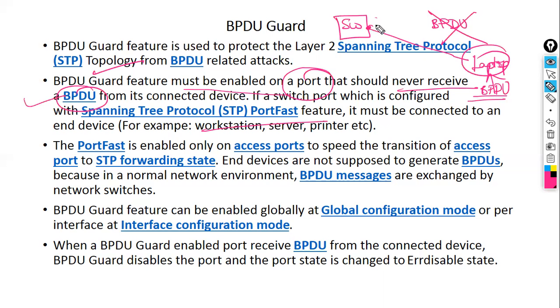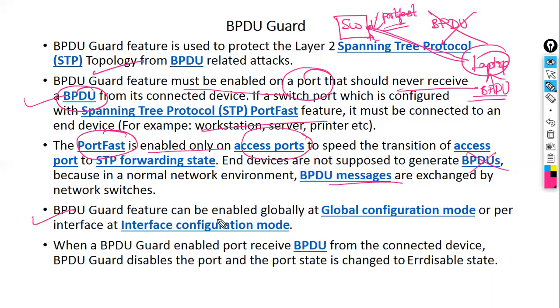We can also enable PortFast here, and PortFast can be enabled only on an access port. This port, which connects the switch and your end user device, is an access port, and you can enable PortFast here, and your end user devices will not have any BPDUs.